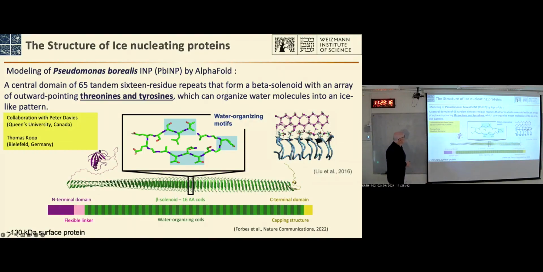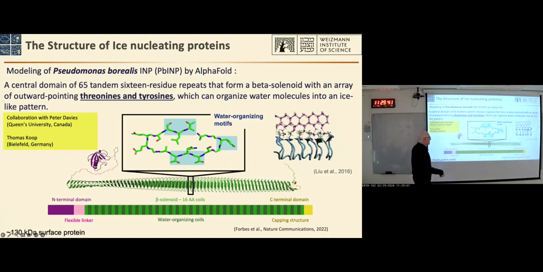So together with collaborators, Peter Davis from Queen's University in Canada, Thomas Cook from Germany, and Ido Braslavsky from the Faculty of Agriculture, we set out to study how the structure of this protein allows ice nucleation. So again, here we have the N-terminal domain, then the water organizing coils.